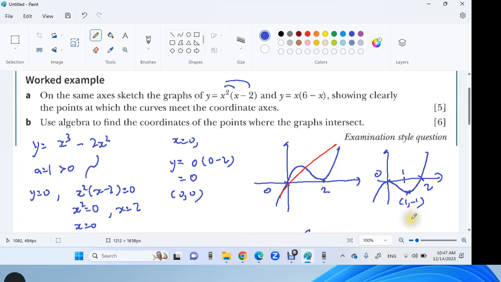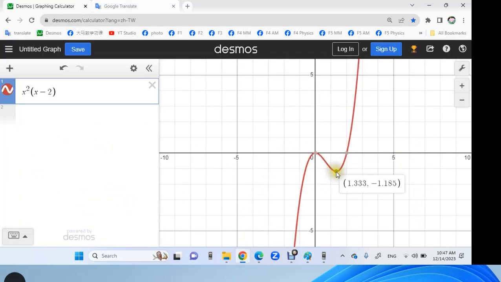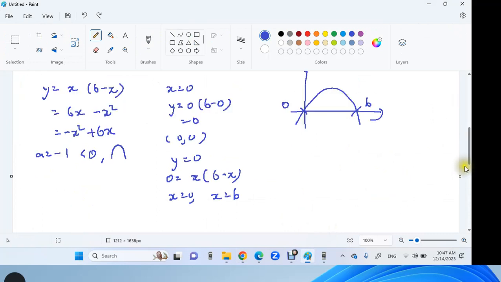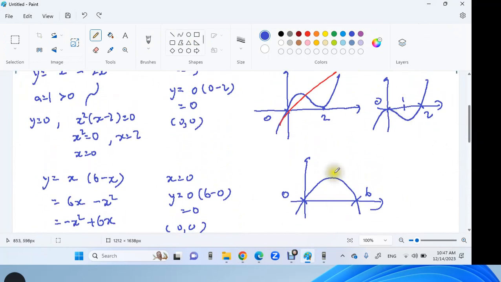But (1, negative 1) is not necessarily the minimum value, because we can see that over here 1.33 is the minimum. But we know that at 1 it is negative. So for these two graphs, we need to combine them on the same axis.